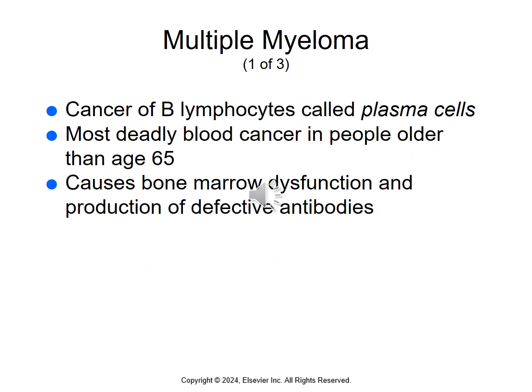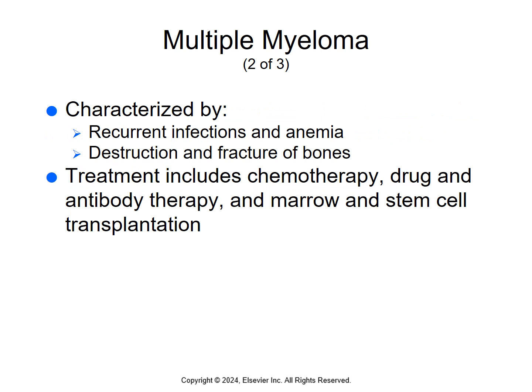Multiple myeloma, cancer of B lymphocytes called plasma cells, most deadly blood cancer in people older than age 65. Causes bone marrow dysfunction and production of defective antibodies. So you want to know these conditions.